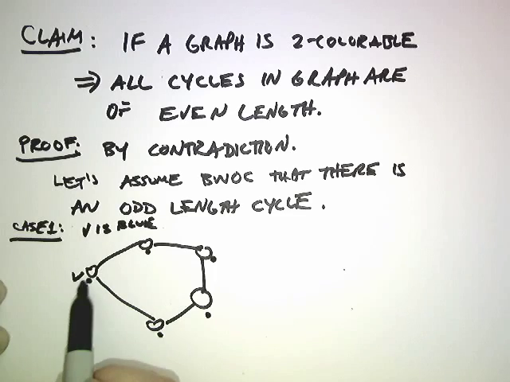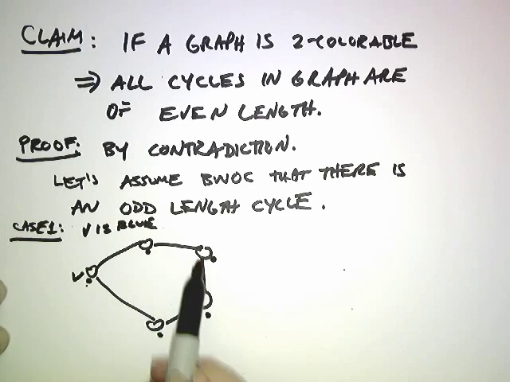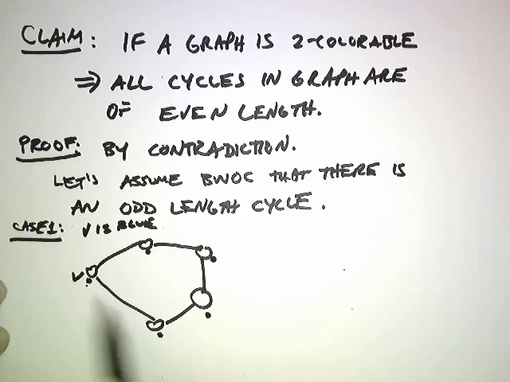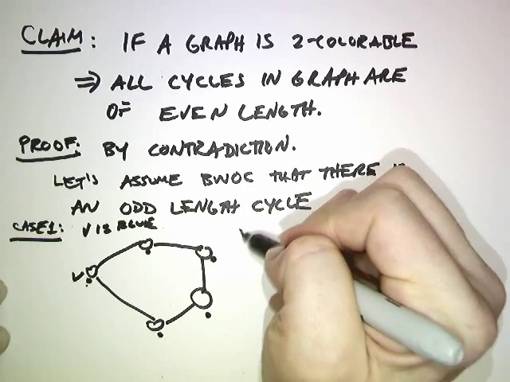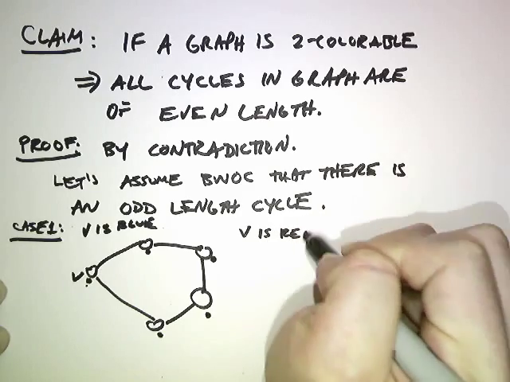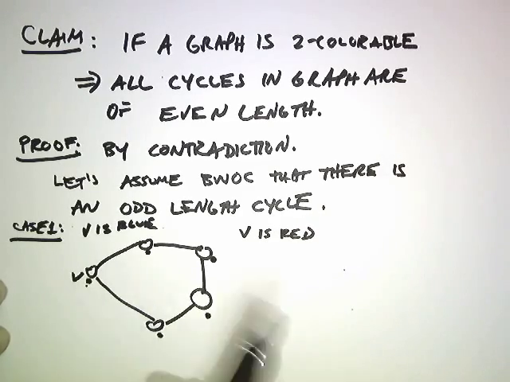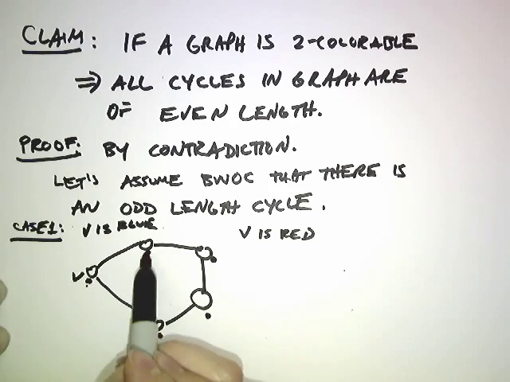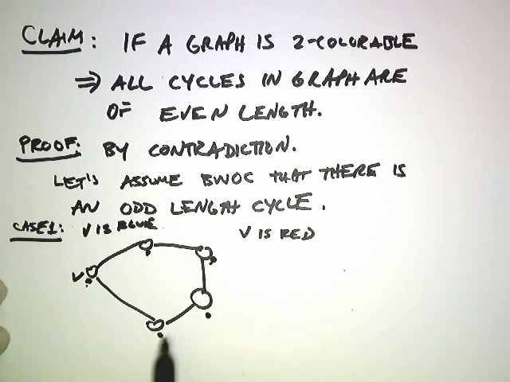Again, if V was blue, it means this must be red, blue, but now we have two vertices that are attached to each other, both colored blue. That's a contradiction. What about if V is red? Case 2. If V is red, then this is red, this would be blue, red, blue, red. So again, we'd have two vertices joined by an edge, both colored red.